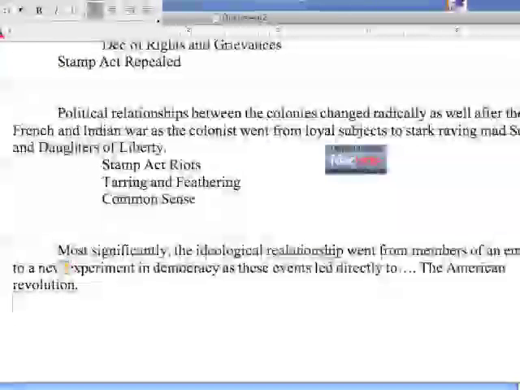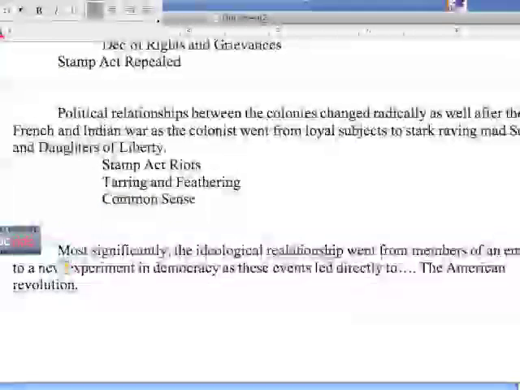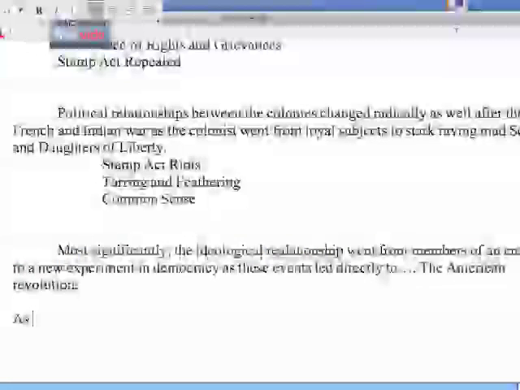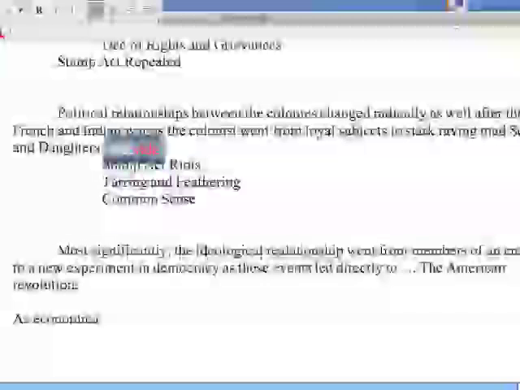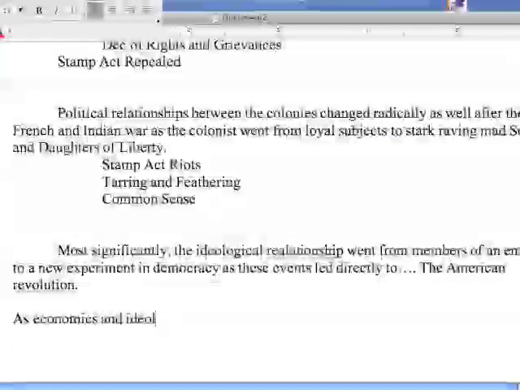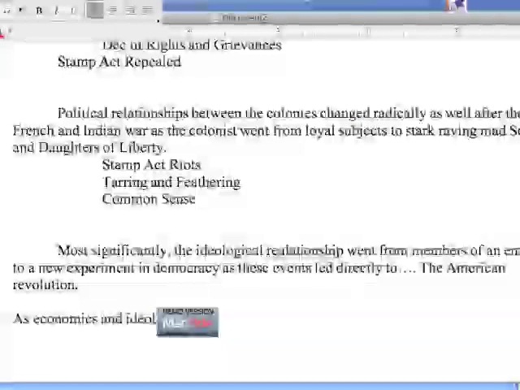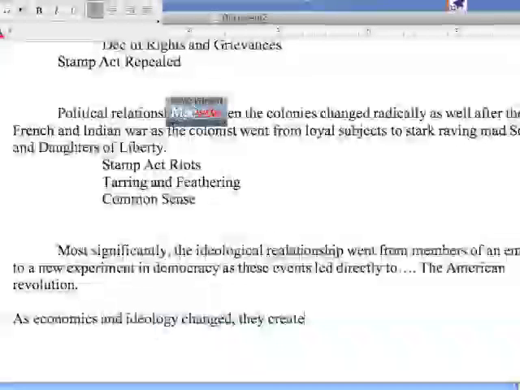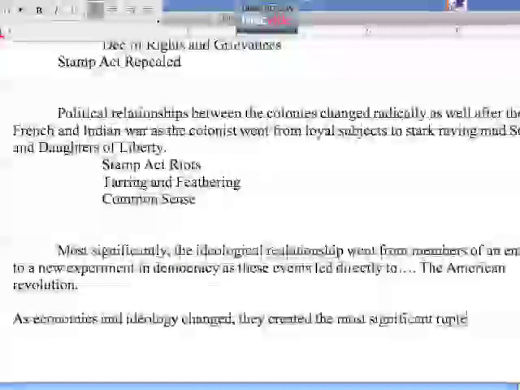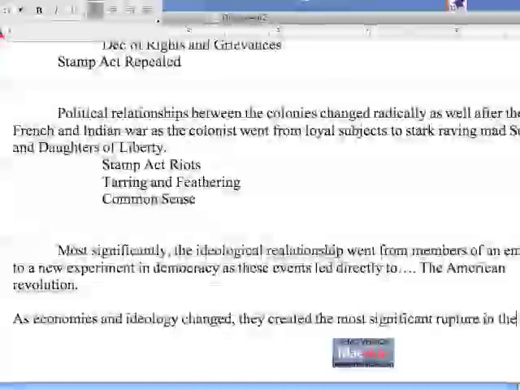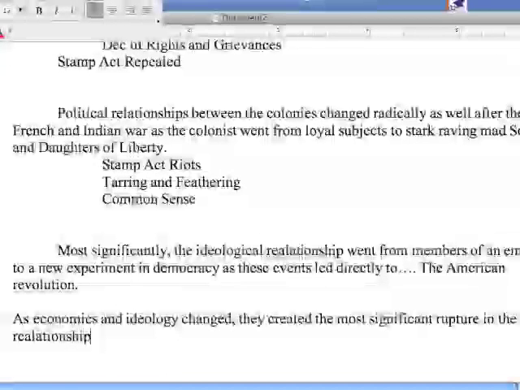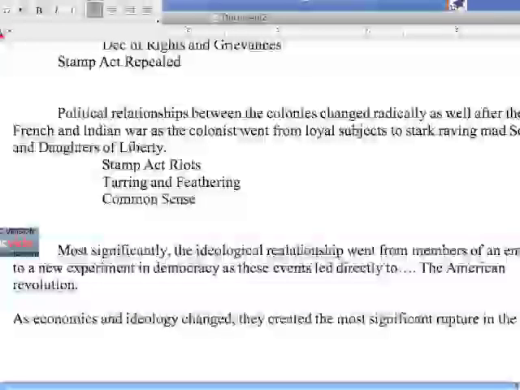So instead of saying most significantly the ideological relationship, I just might change it to say that as economics and ideology changed, they created the most significant rupture in the relationship. Having a hard time typing today.